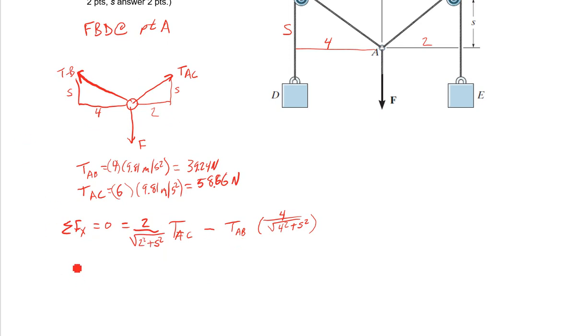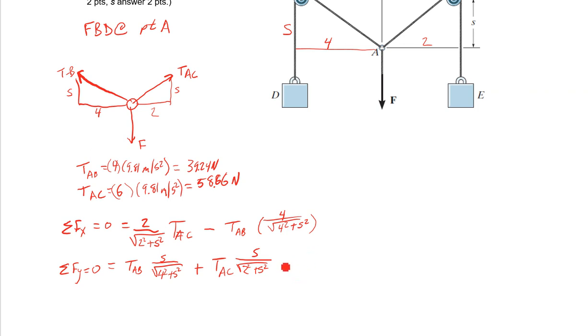And then our equation of equilibrium in Y. So we're going to have 0. What do we have acting up here? So we're going to have tension AB times S over square root of 4 squared plus S squared, plus our AC tension. So part of that's acting up. We're going to have S over square root of 2 squared plus S squared.